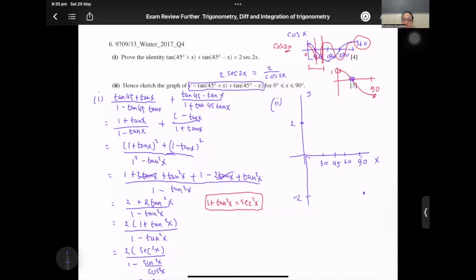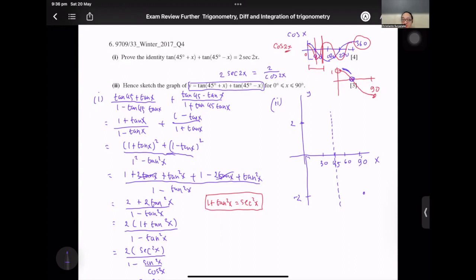Nah, it will be infinite at 45 degree. Yeah, 45 degree, infinite. So that means from 0 to 45, for cos 2x, it is decreasing, right? This is decreasing.